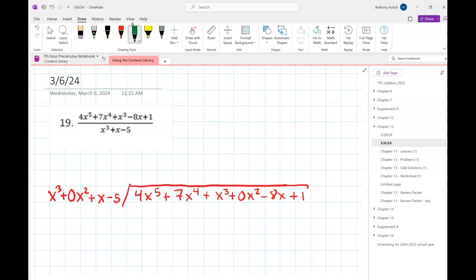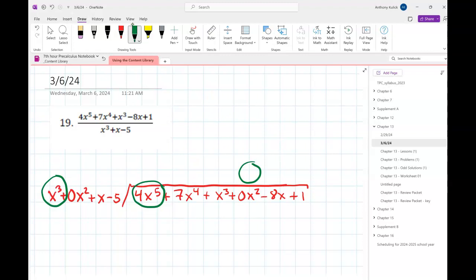Okay. So now I'm going to ask myself, what times x cubed gives me 4x to the 5th? Well, it needs a coefficient of 4, right? And to go from x cubed to x to the 5th, that needs an x squared, because the exponent has to go up 2 places.